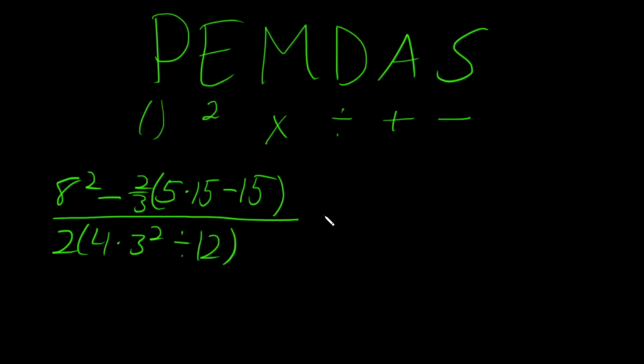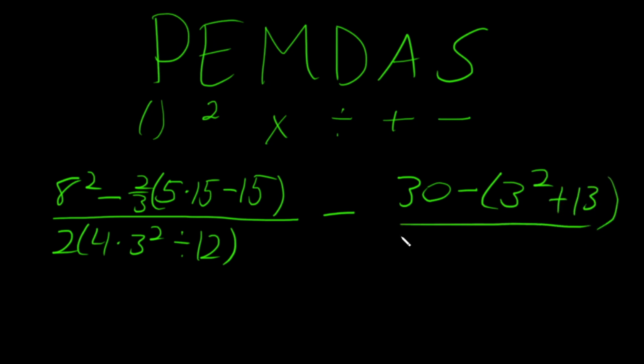And then we're going to subtract another fraction from this. Over here we have 30 minus parentheses 3 squared plus 13 over 5 times 3 times 2 squared divided by 30. While this does look really complicated, I promise it's very simple when we follow PEMDAS.